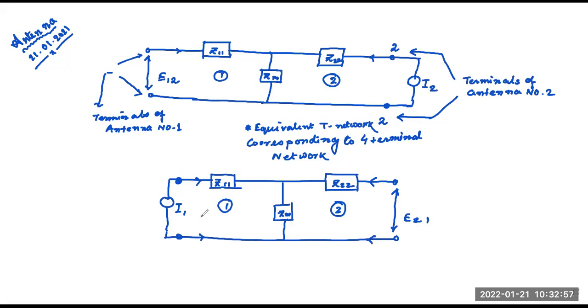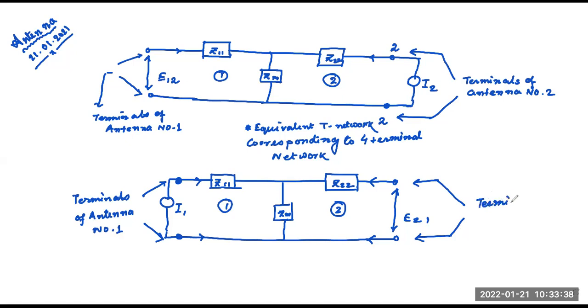So these are the terminals of antenna number 1, and these are the terminals of antenna number 2. So this is the equivalent T network for the corresponding four terminal network.